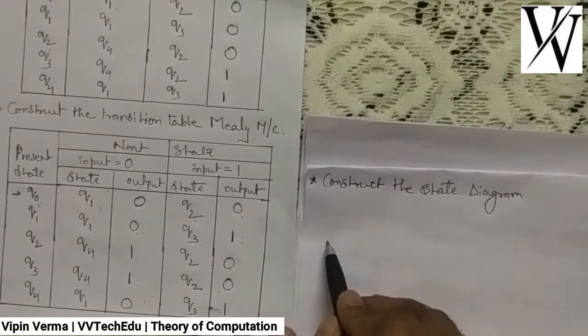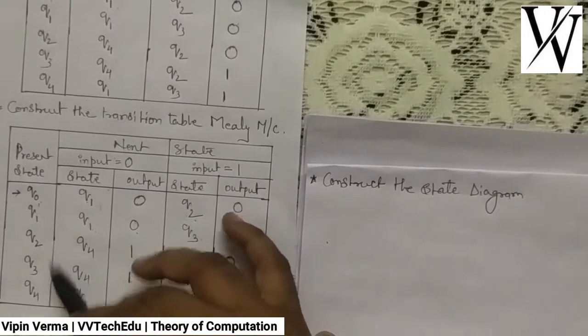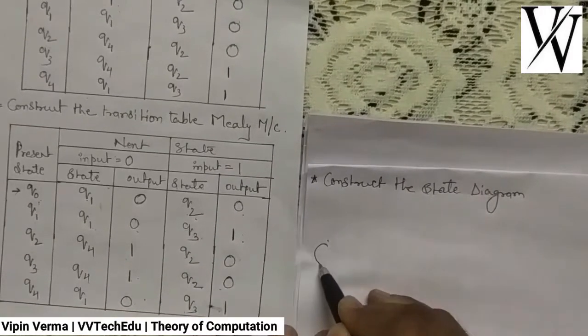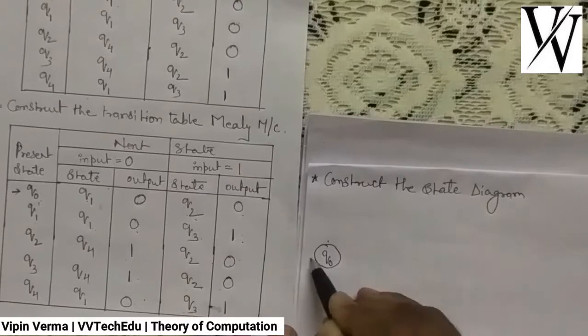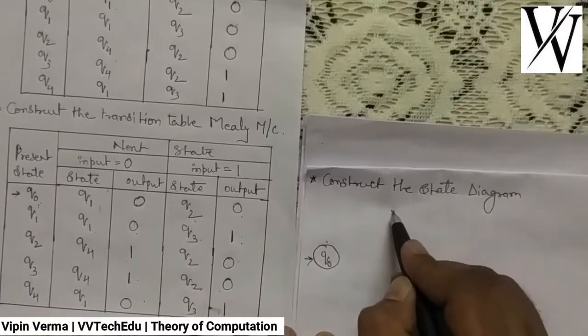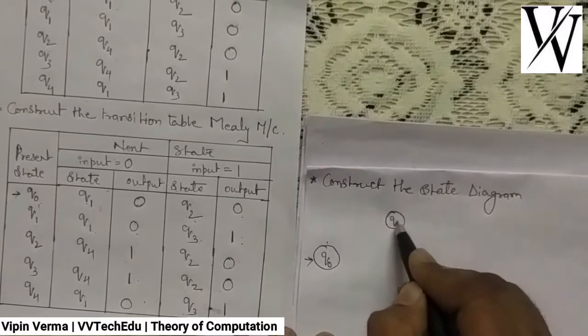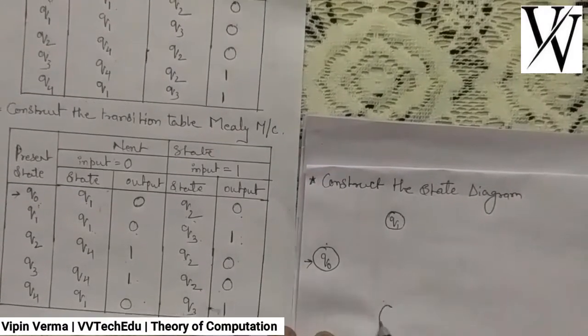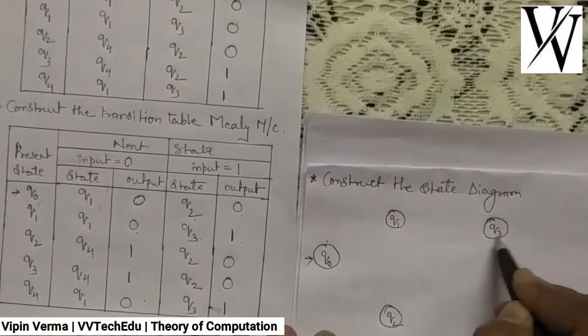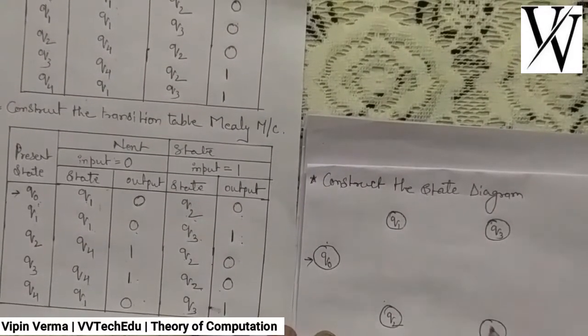So we know how many states there are in this machine. We have 5 states: Q0, Q1, Q2, Q3 and Q4.